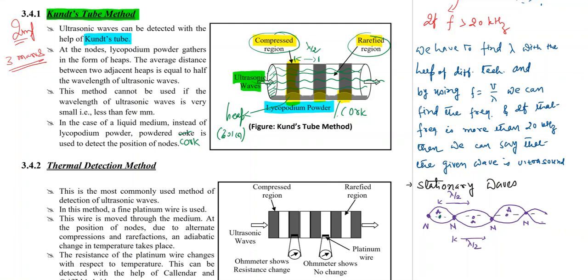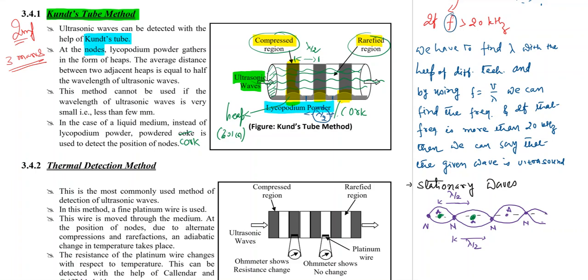We know that the distance between two antinodal points is equal to lambda by 2, or you can find that the distance between two empty regions is also equal to lambda by 2, as it is the rarefied region. So this is how we can find lambda by 2, and from it we can find the frequency. Let us read it once again.